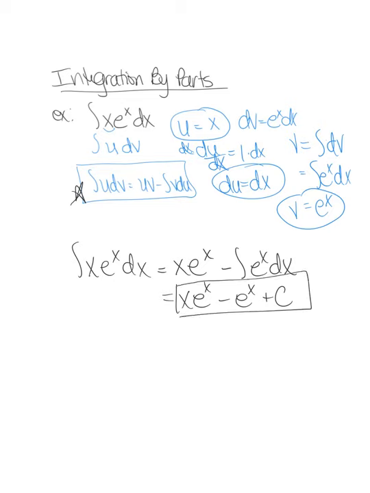We can also do what's called a tabular form on this particular type. In the tabular form, we pick the same u and the same dv. And we're going to create a table that has 3 separate columns. The first column is going to be our alternating signs column.